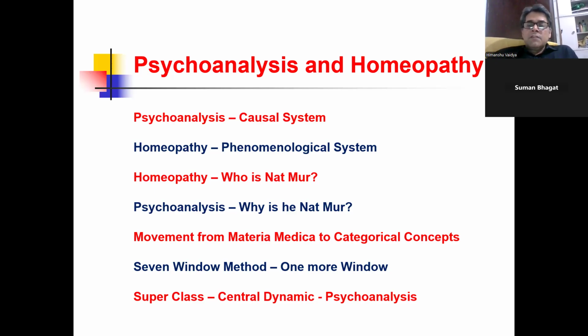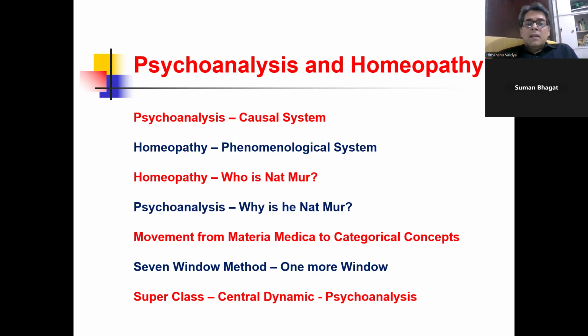The first window is of materia medica, second of repertory, third of miasms, fourth of kingdom, fifth of class, sixth of subclass, and the seventh of superclass. And if you open any window, you see the same remedy. If that happens, the chances of the remedy being the correct remedy are very high.